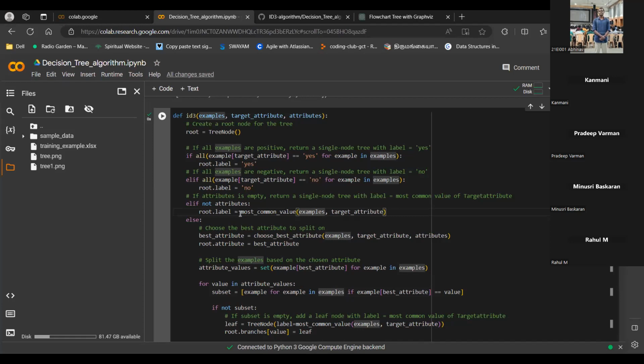And what you're suggesting is, in that case, we will just go by the majority. So if there are, say, 5 instances at that stage, and 3 of them are yes and 2 of them are no, we will say the end result is yes. Is that right? Am I getting it right? Yes, that's right.